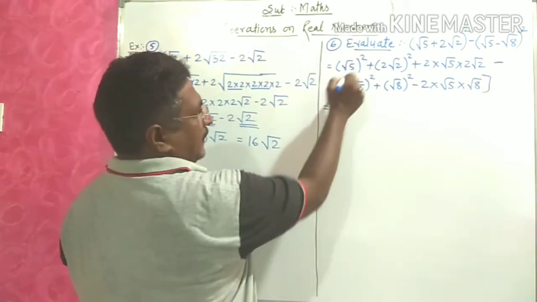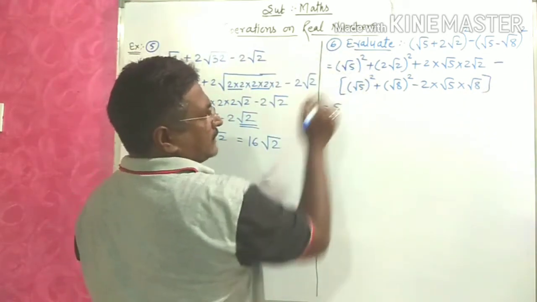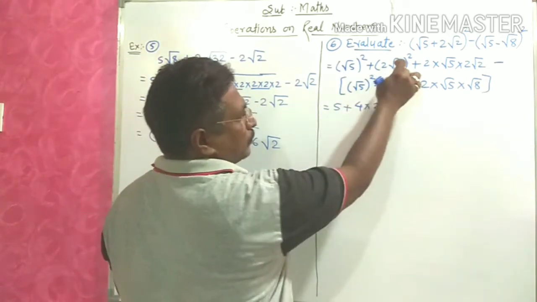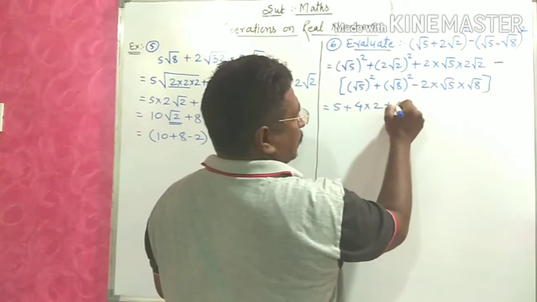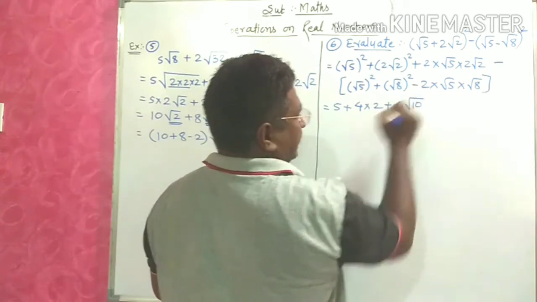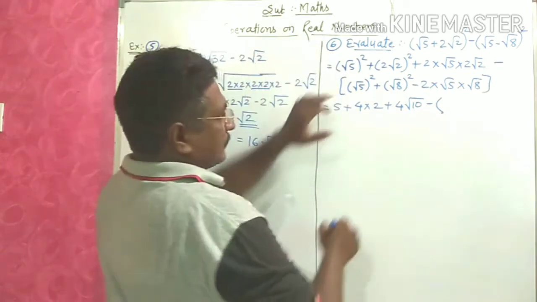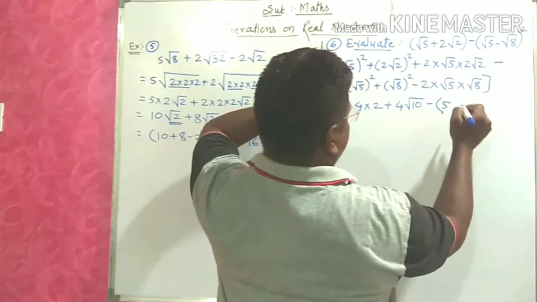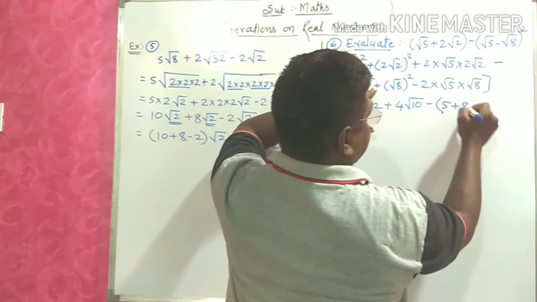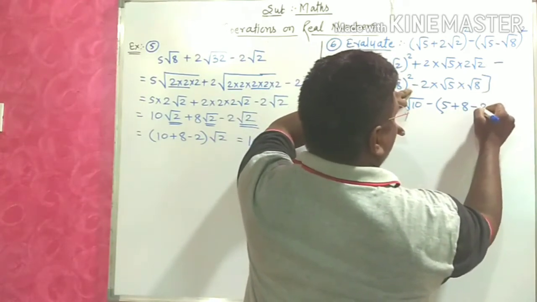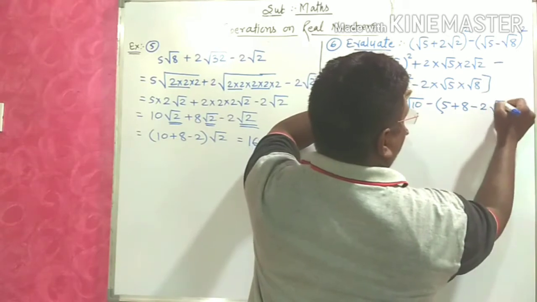Now to simplify, root 5 square means 5 plus 4 into 2 plus 4 into root 10, then minus 5 plus 8 minus 2 root 40.